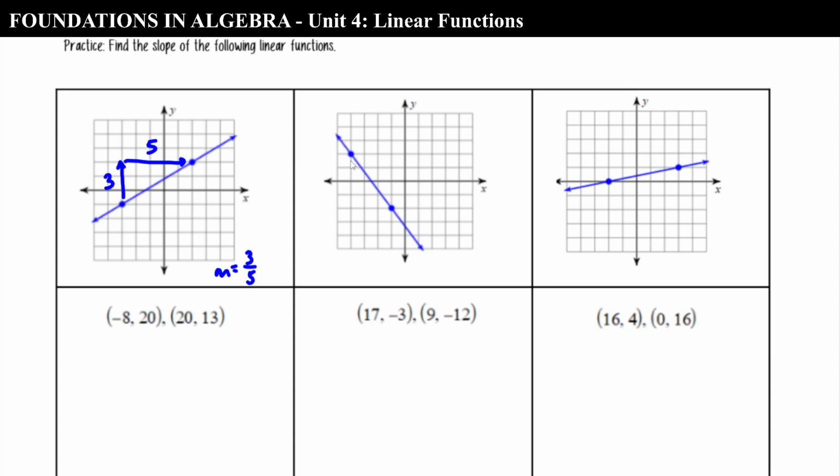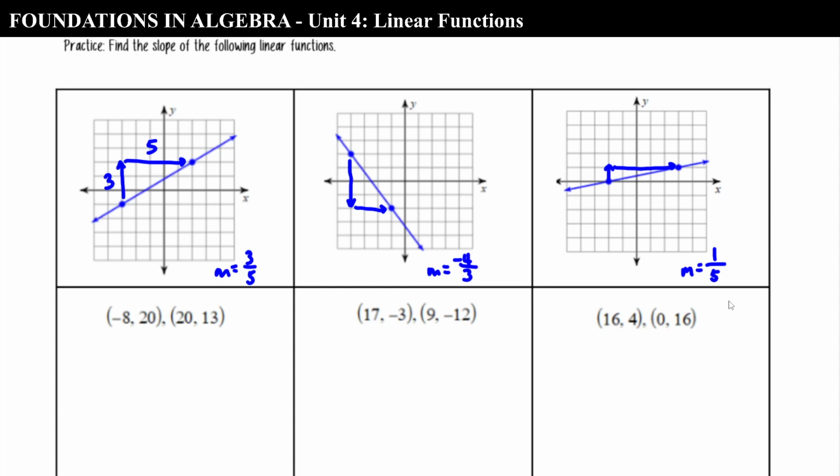We have a rise of 1, 2, 3, 4, but that's going down, so that's going to be -4 over 1, 2, 3, +3, so -4/3. And then here we have a rise of 1, so that's m equals 1, over a run of 1, 2, 3, 4, 5. So our slope is 1/5.